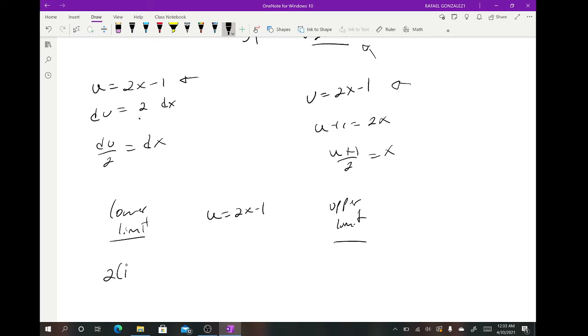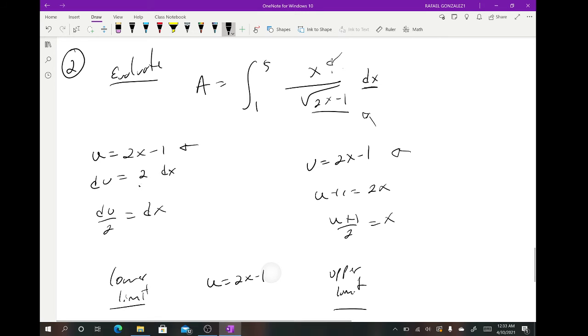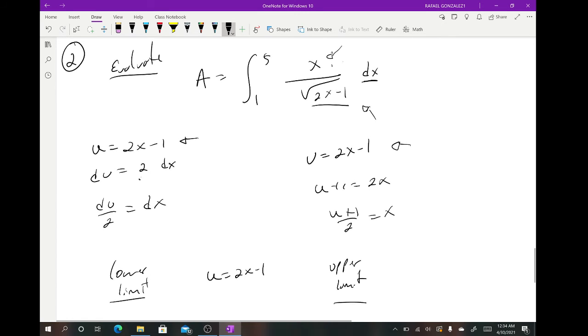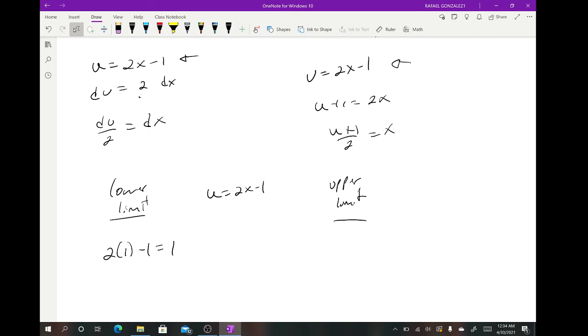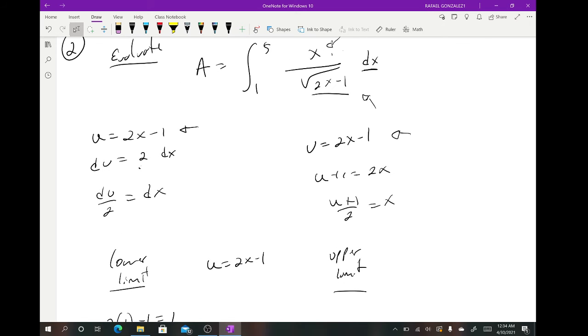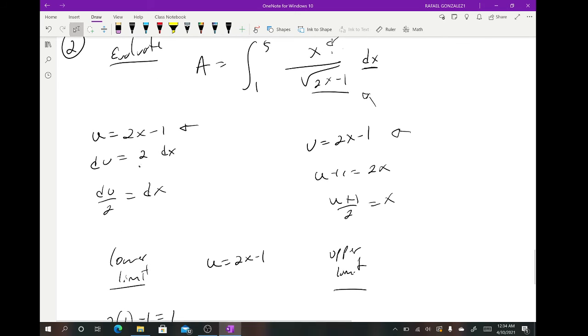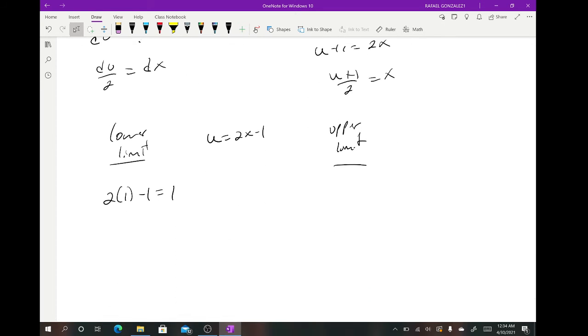We have 2 times 1 minus 1, which is equal to 1. And 2 times 5 minus 1, which is 10 minus 1, which is 9.